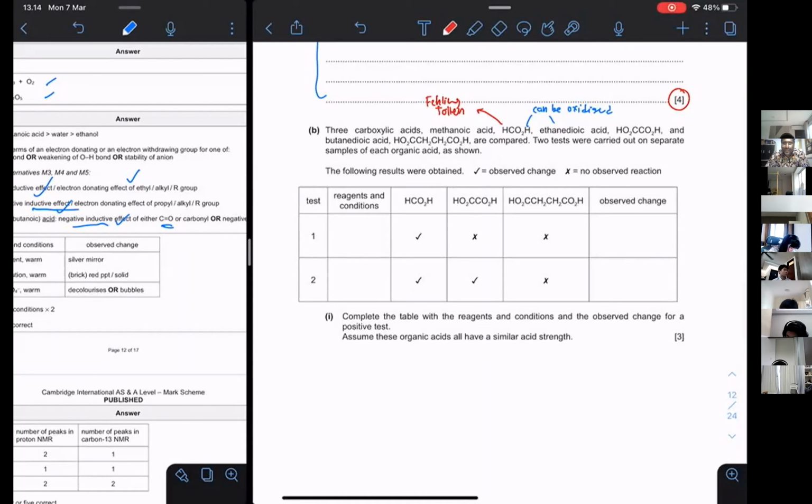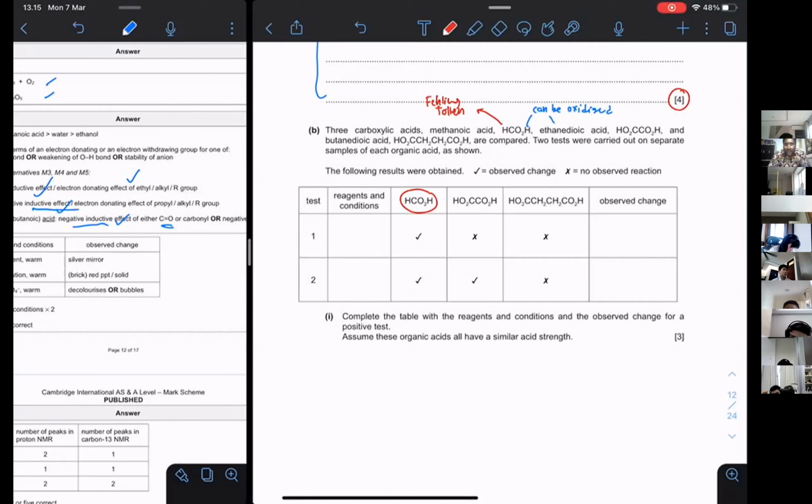So maybe some information before we continue. And then we have butane dioic acid. This one cannot be oxidized. So 2 tests were carried out on separate samples of these organic acids as shown. Methanoic acid can undergo something, but ethane dioic acid and butane dioic acid cannot go through that.